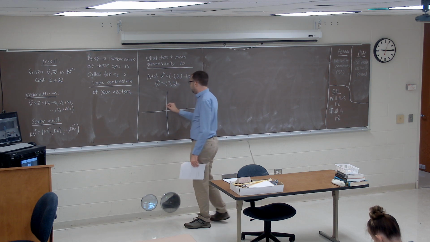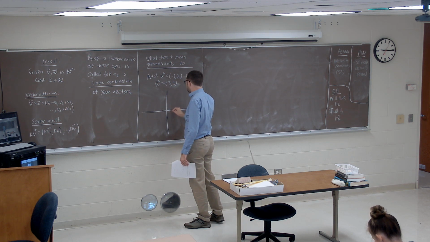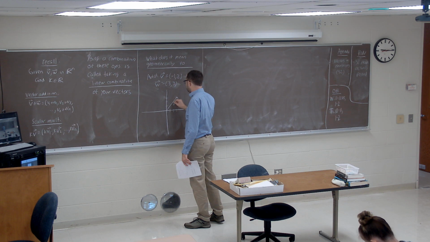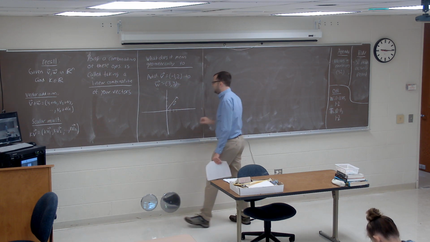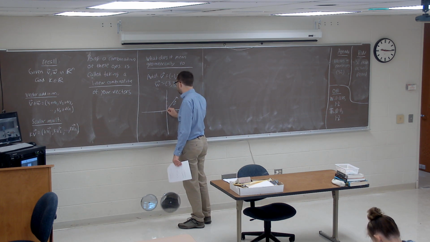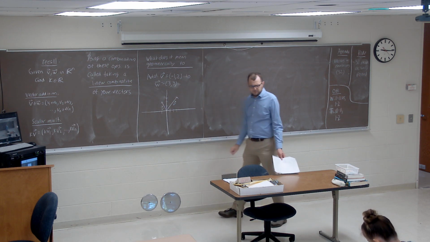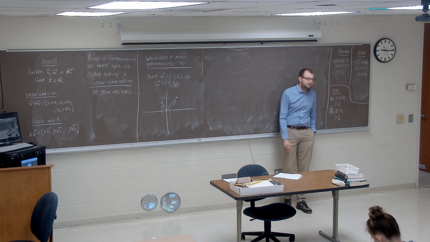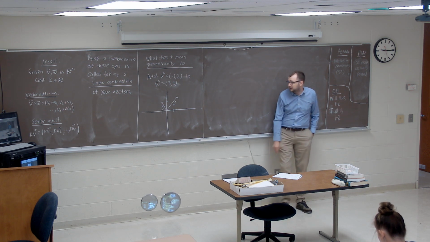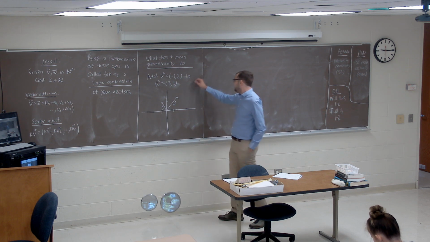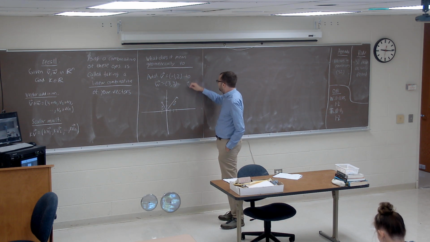For instance, if we have a vector w that points from the origin to the point 3, 3, and we have another vector v that goes from the origin to -1, 2, and we were to add these 2 vectors to get v plus w, that would be -1 plus 3 is 2, 2 plus 3 is 5.